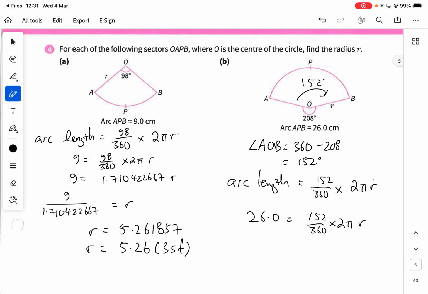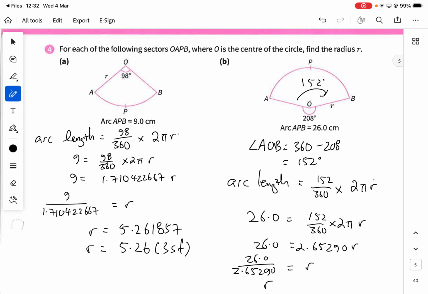But the next one is perimeter. For question 5, they want you to find the perimeter. Perimeter OXY. It's like finding the perimeter of the entire pizza.